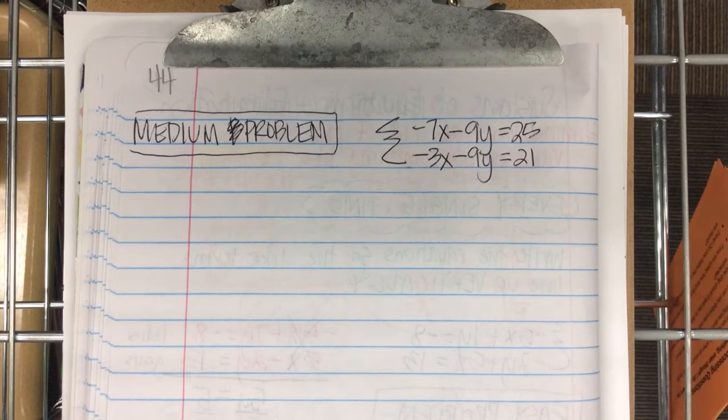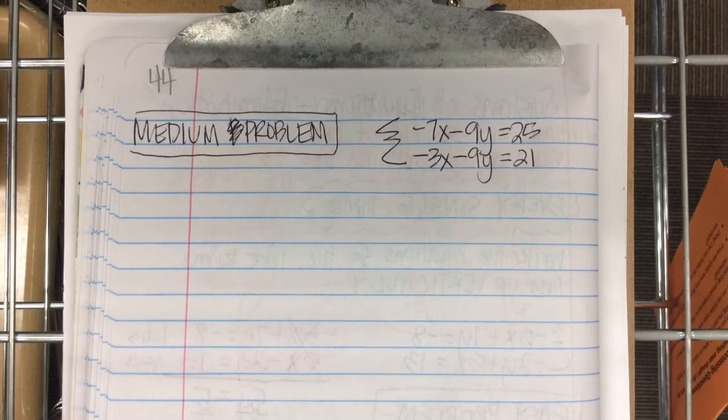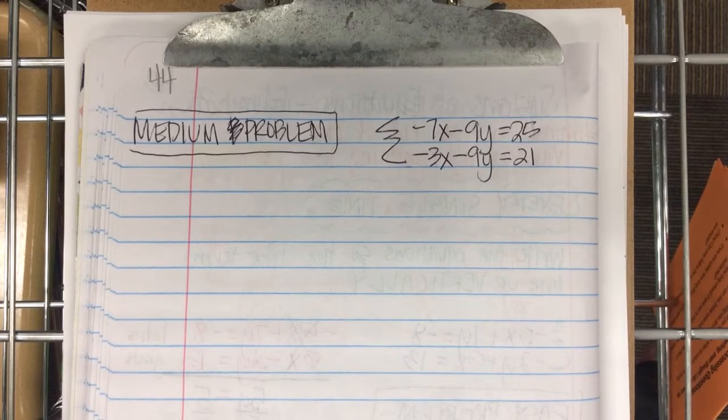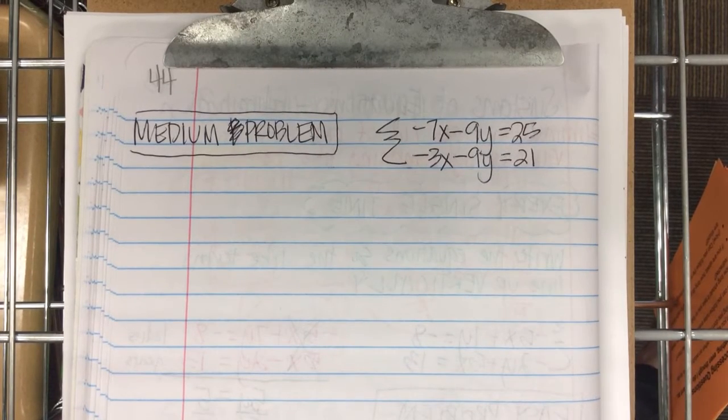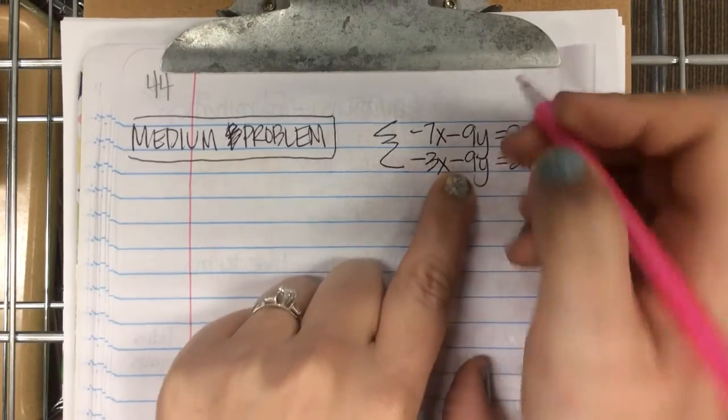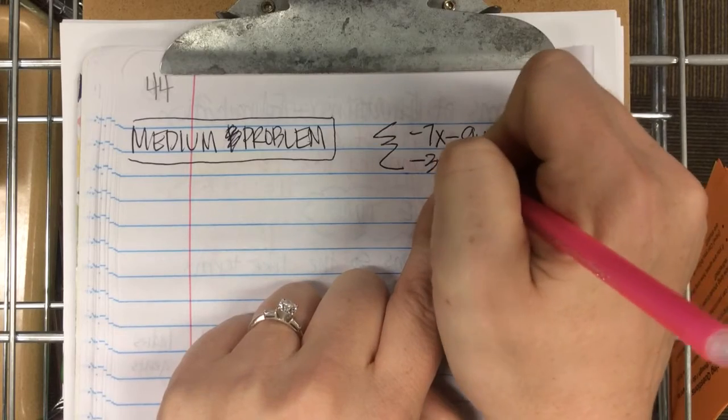But is there something that I wish, like, oh man, if that one thing was different, they'd cancel out? Right? Is there something that, oh, if one thing had changed, this problem would be an easy problem, right? Yes. If this negative 9 was a positive 9. So you can do this in math.